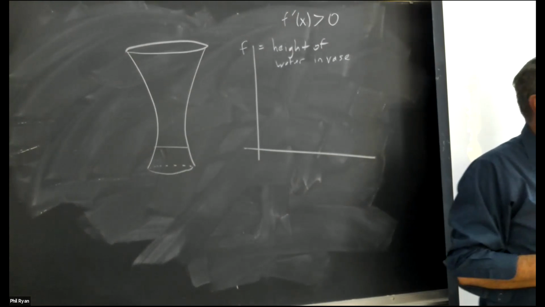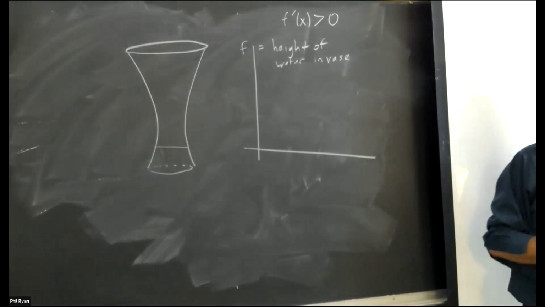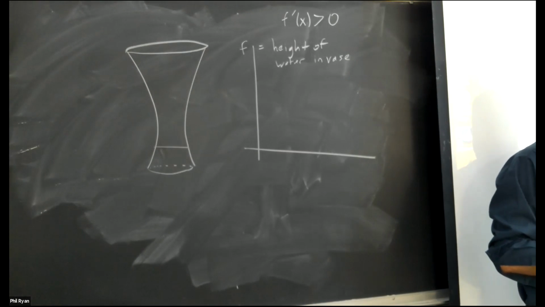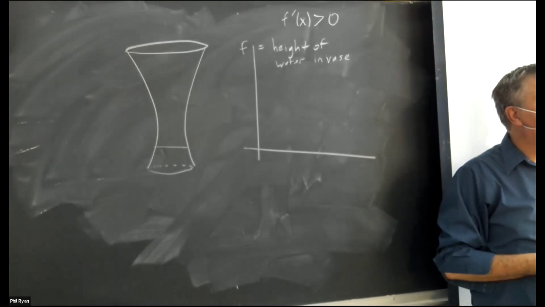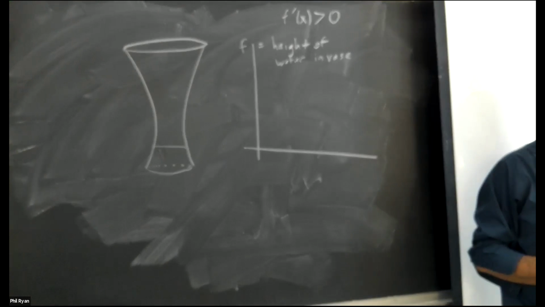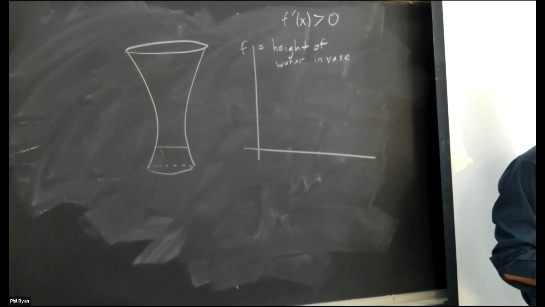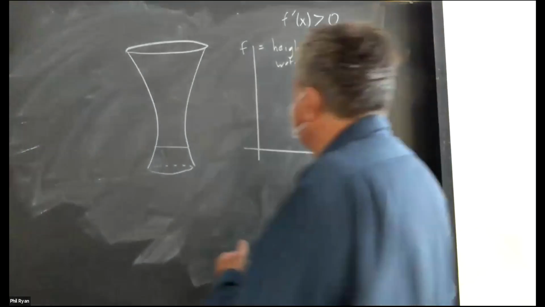What about the second derivative? Well, that's a little bit more of a subtle question. Can anyone tell me what the second derivative is going to look like? What's going to happen?